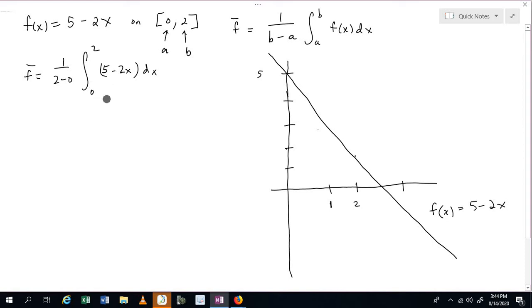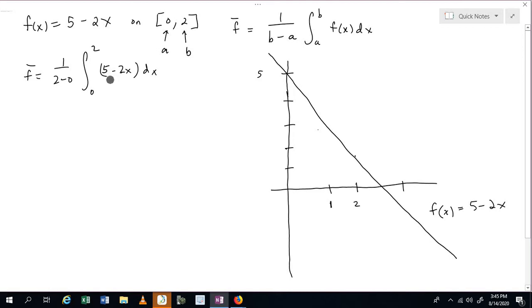We're going to find this definite integral using the fundamental theorem of calculus, which says that if this function is continuous on this interval from 0 to 2, then we can evaluate this definite integral by finding any antiderivative of this function, evaluating it at the upper limit, and then subtracting off what we get when we evaluate it at the lower limit.